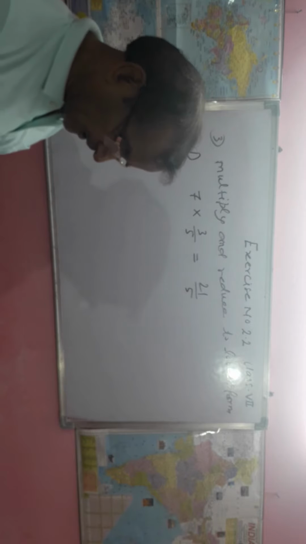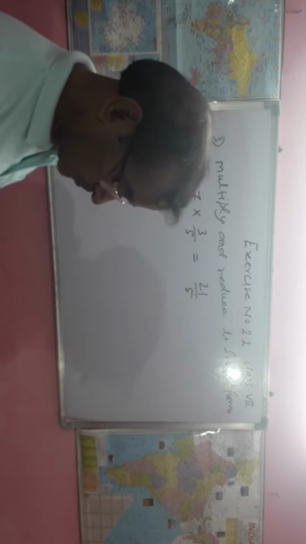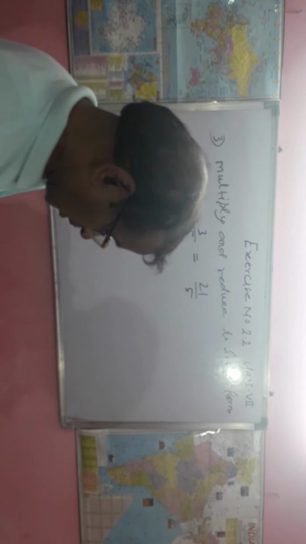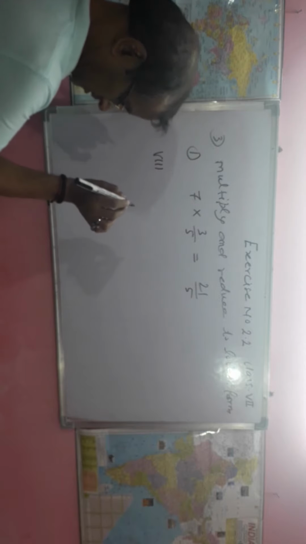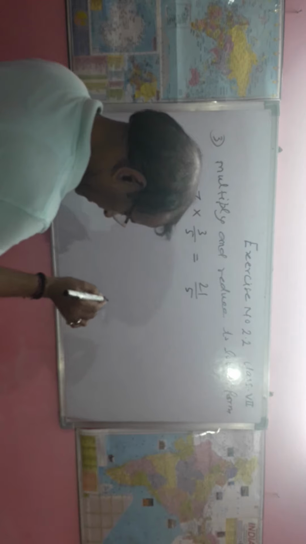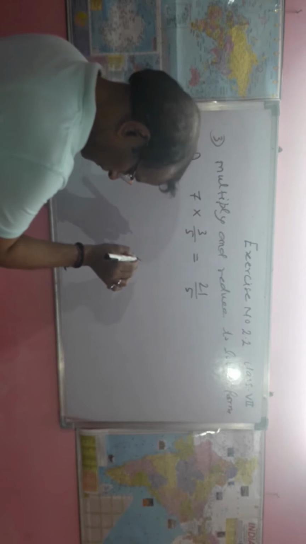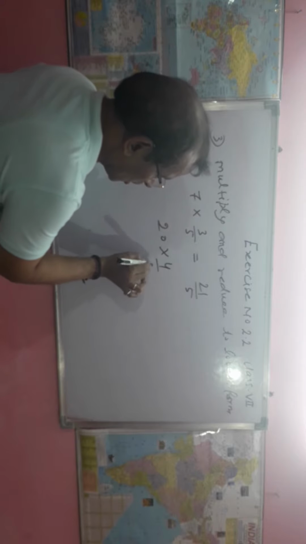Now the second part of this question is 20 multiply 4 upon 5.